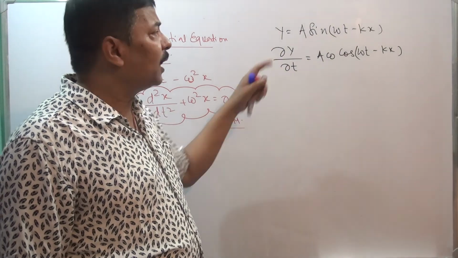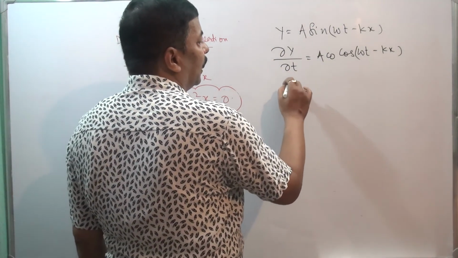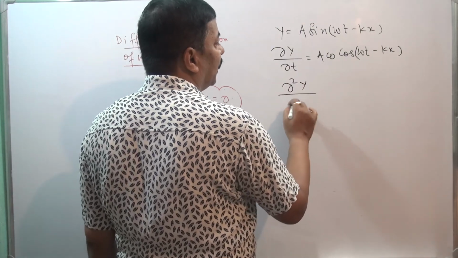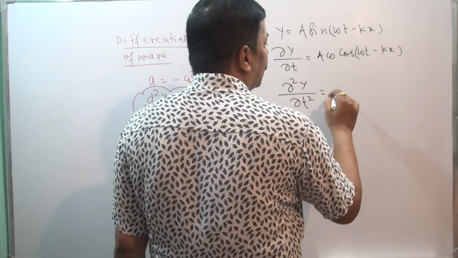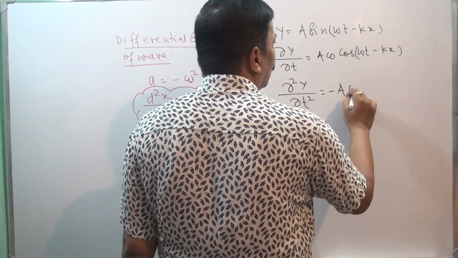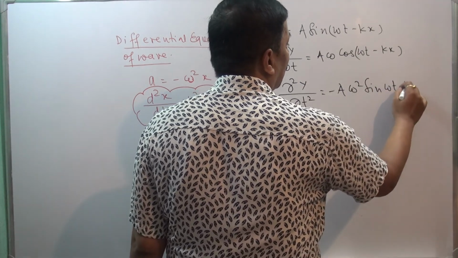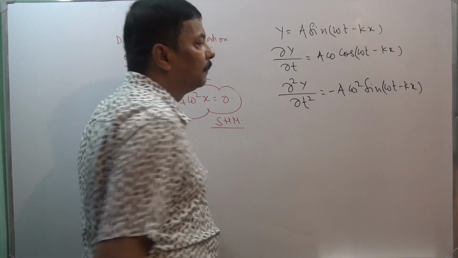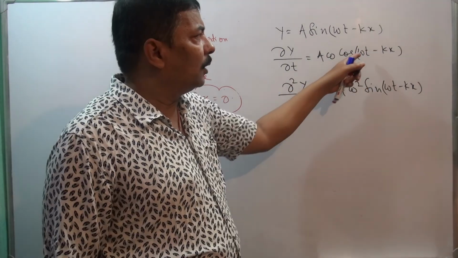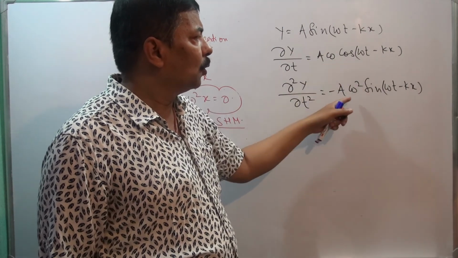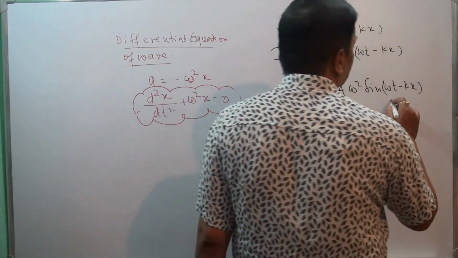If we differentiate further, that means particle acceleration, delta 2y by delta t2 is equal to minus a omega square sine of omega t minus kx. Take it as equation number 1.